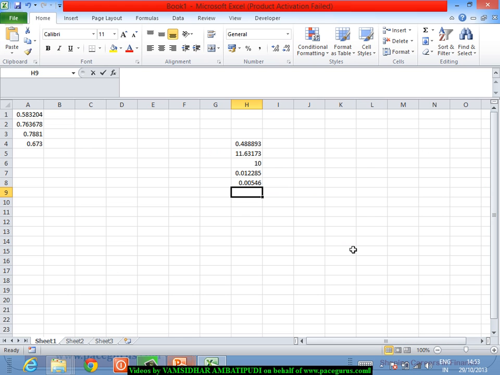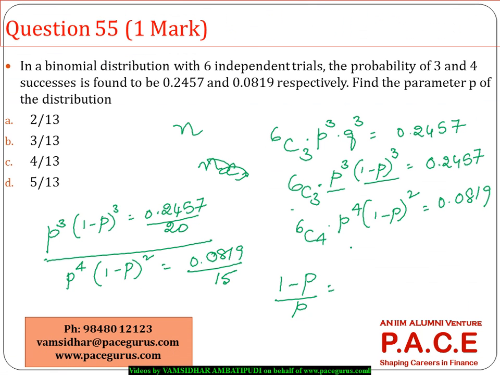So (1 minus p) by p works out to 2.25, which is also like 1 by p minus 1 equal to 2.25. So 1 by p equal to 3.25, or 13 by 4. From there it's working out that p equal to 4 by 13. So the parameter p of the distribution is coming out as 4 by 13, which is C, the option choice in this case.